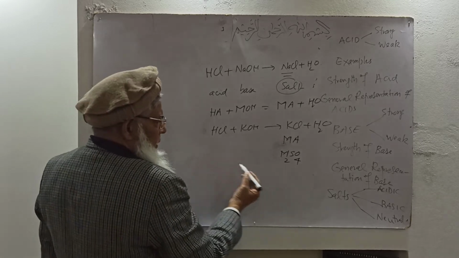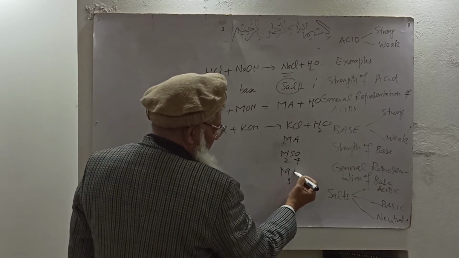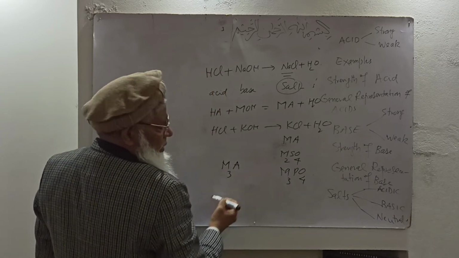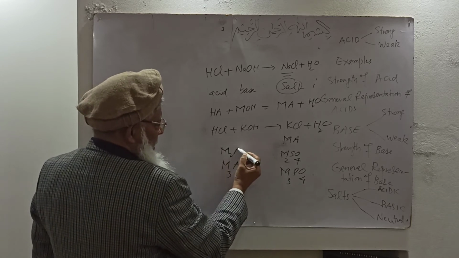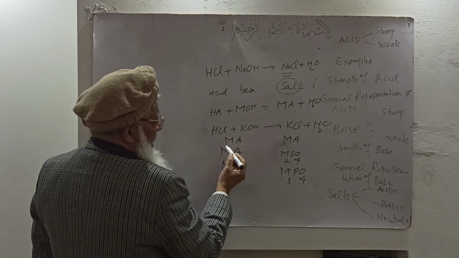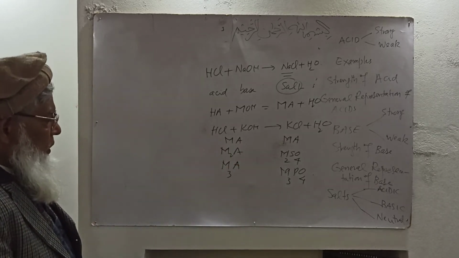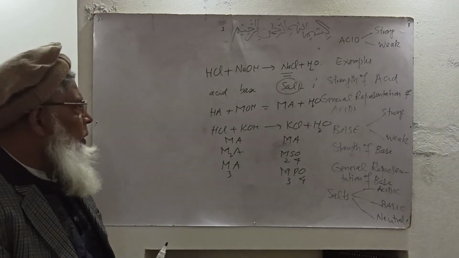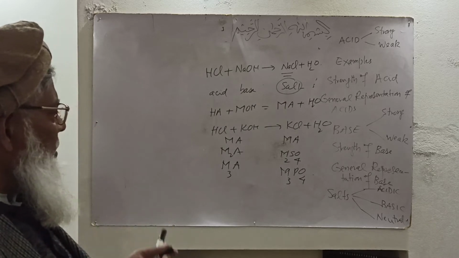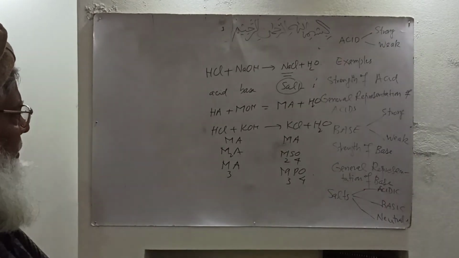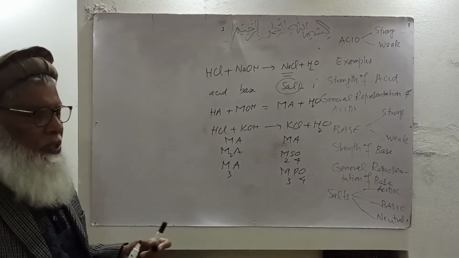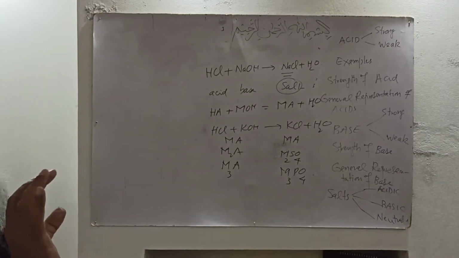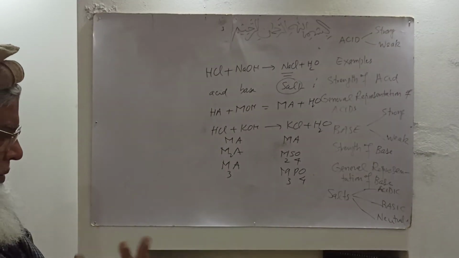If there is a triprotic acid, then M3A. So this is a general representation of different salts. In the case of HCl and sodium hydroxide, sodium chloride. In the case of potassium hydroxide and HCl, potassium chloride. In the case of sulfuric acid and sodium hydroxide, sodium sulfate. So different salts are produced, depending on the acid and base.